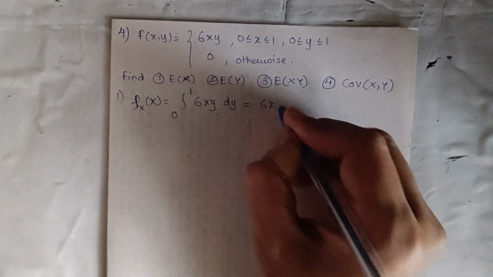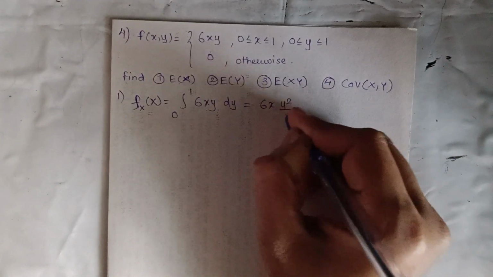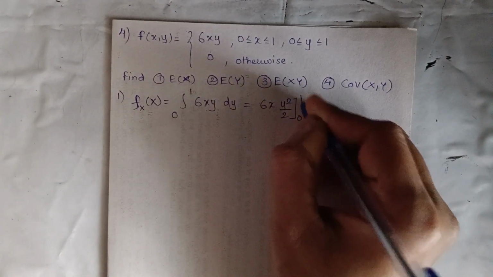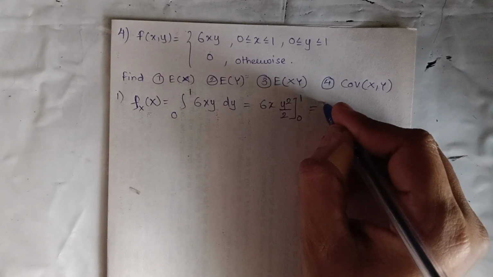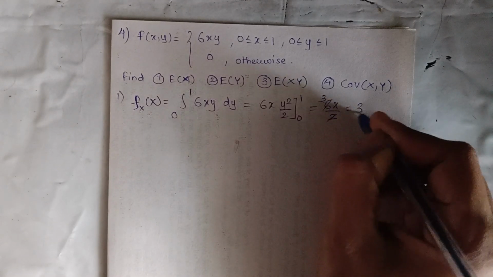So 6x is our constant here. Y becomes y square by 2, 0 to 1. So this is 6x by 2, 3x.